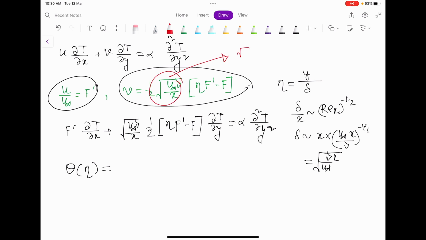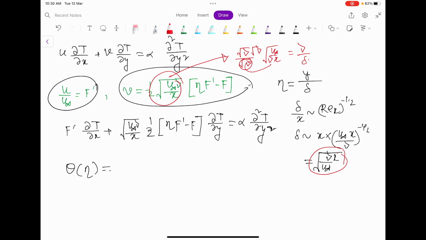You can multiply one nu here and one nu here, and then it becomes this, and you can take this nu inside, so it becomes nu by delta, because delta is the order of this. And we also know that eta is this. So now I have converted this in terms of the similarity variable.